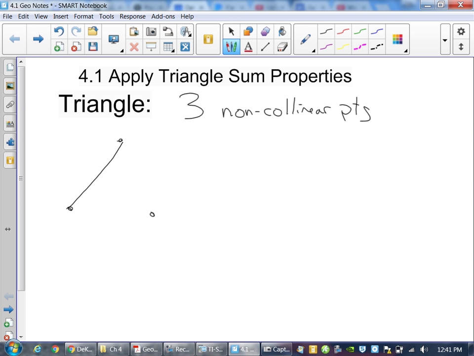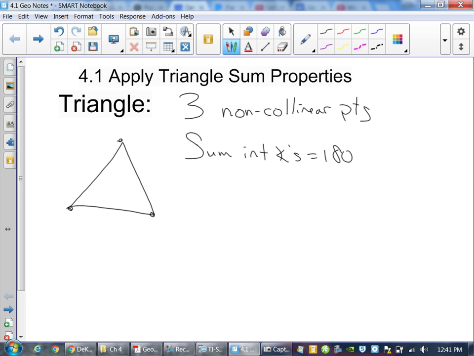Three non-collinear points create a triangle, which gives you three sides. Triangle. Three angles. Convenient. And you're right, the sum of the interior angles is always 180 degrees.